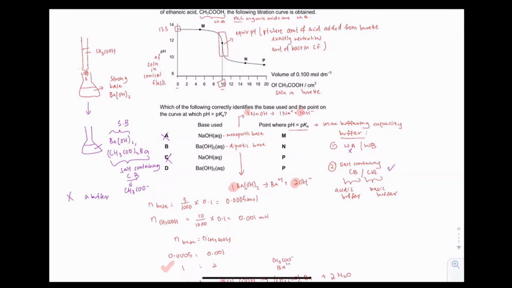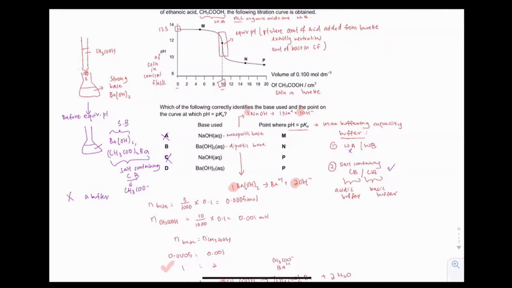Okay, so this is the state as long as it is before the equivalence point. Before the equivalence point, whatever ethanoic acid I add in will be reacted off by the strong base to give me the salt containing the conjugate base.